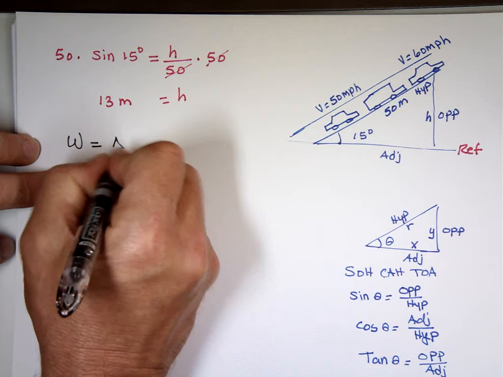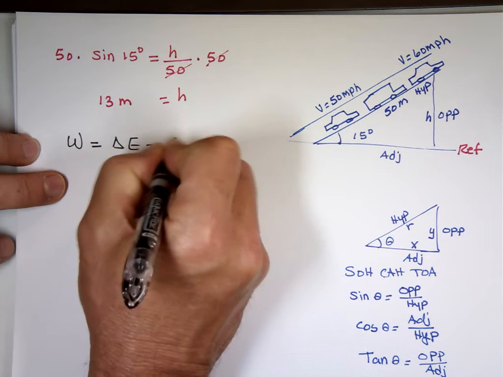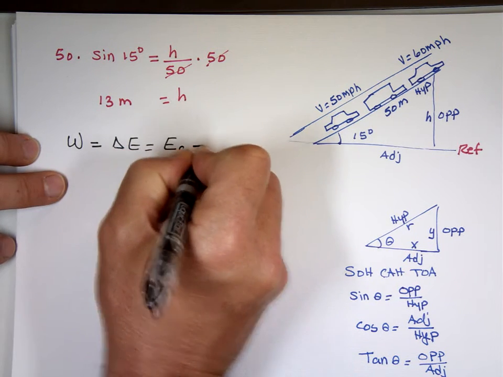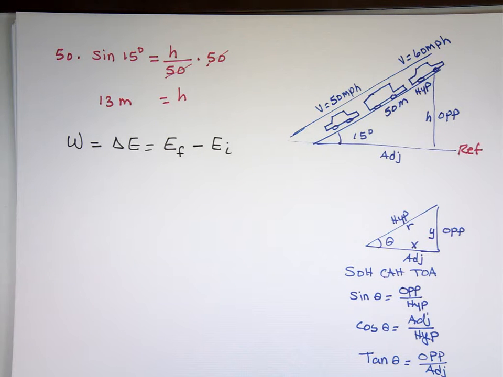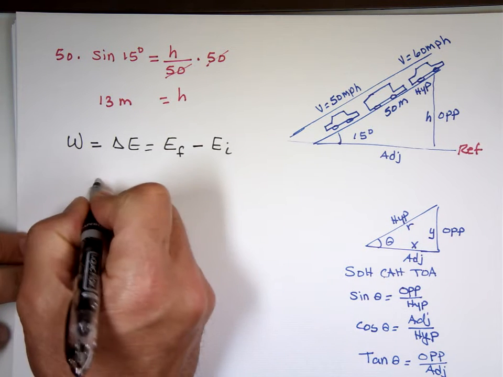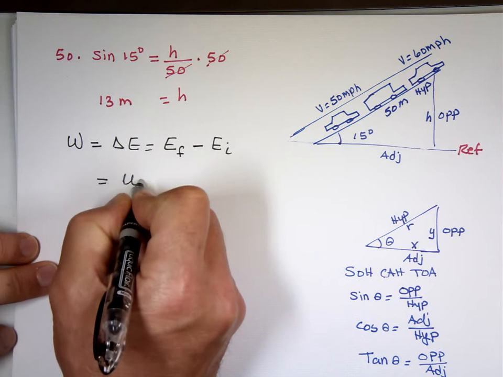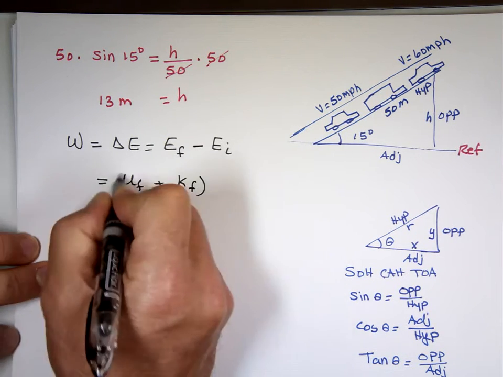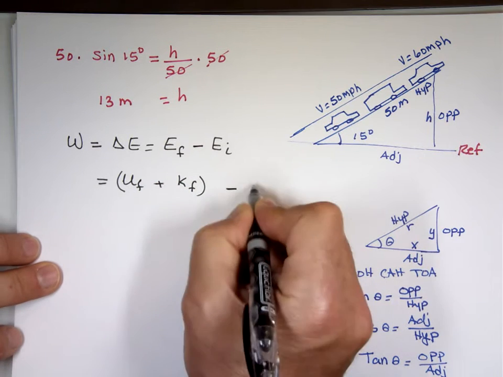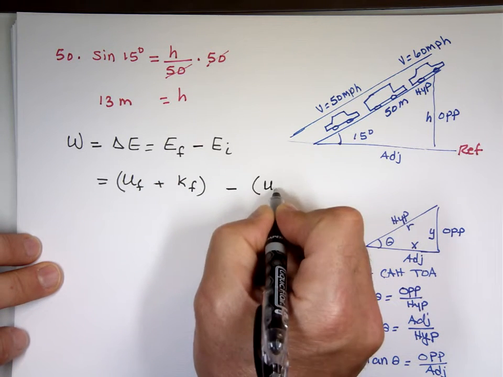It's change in energy, which is the final energy minus the initial energy. When I say final, I'm talking about the combination, potential and kinetic, minus the potential and the kinetic of the initial one.